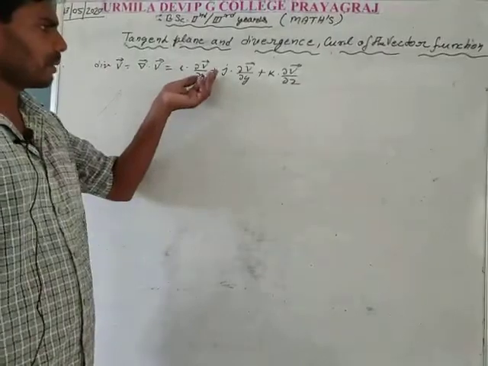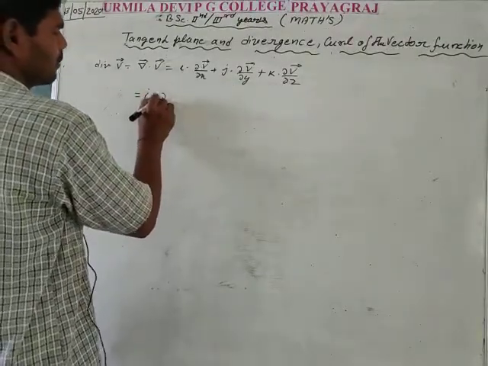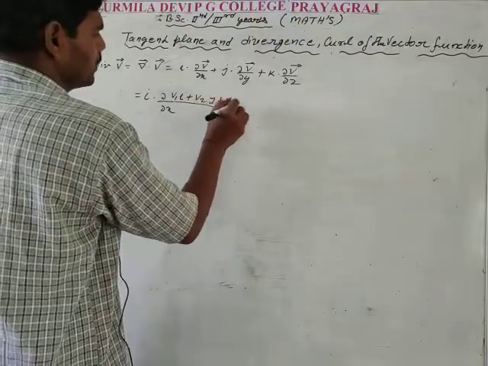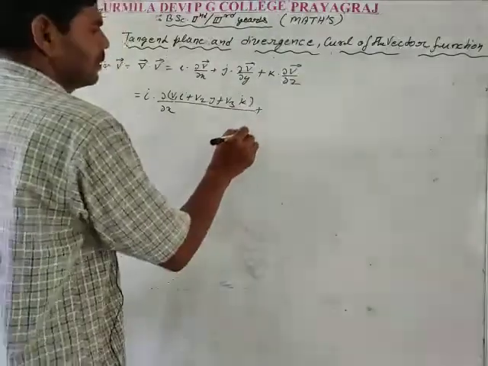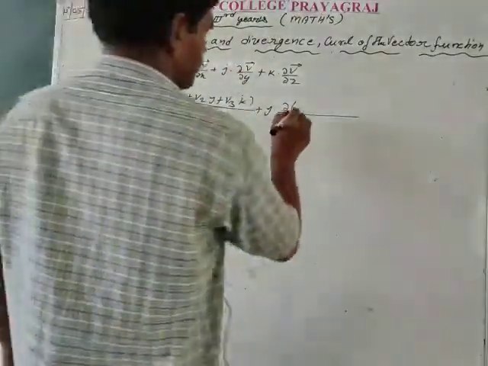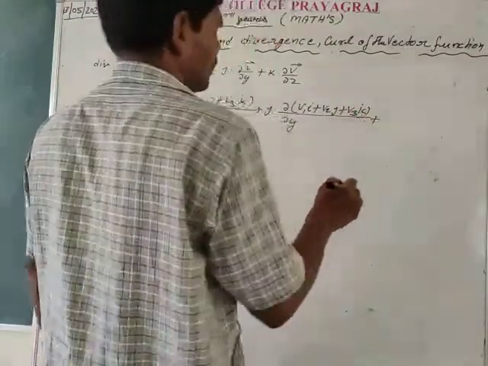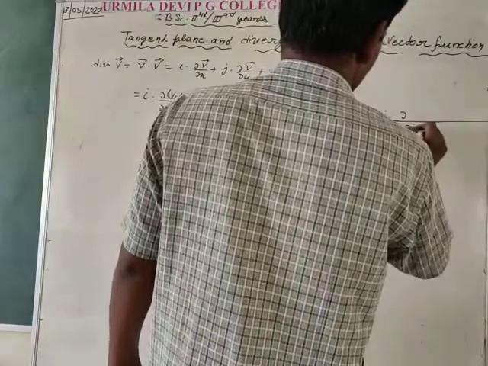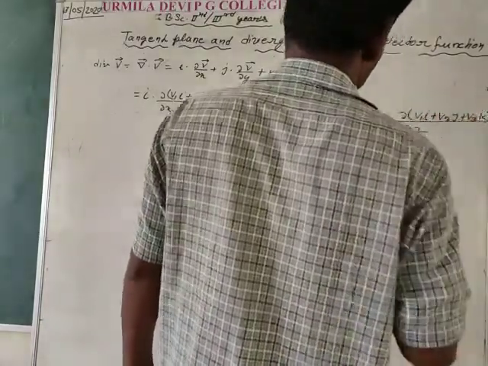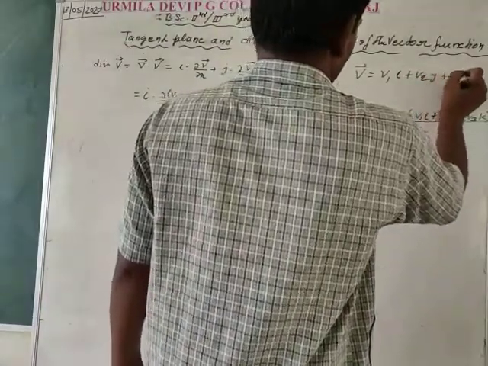Putting the value of capital V, which is equal to V1 i plus V2 j plus V3 k, into i dot del V by del x, then into j dot del V by del y, and at last into k dot del V by del z.